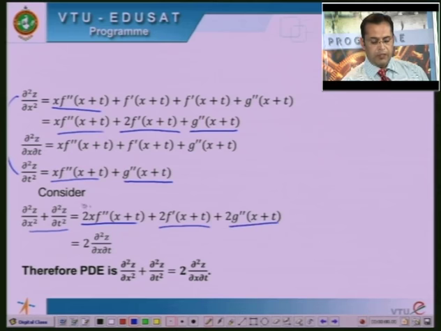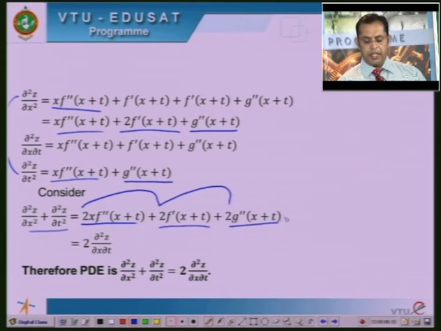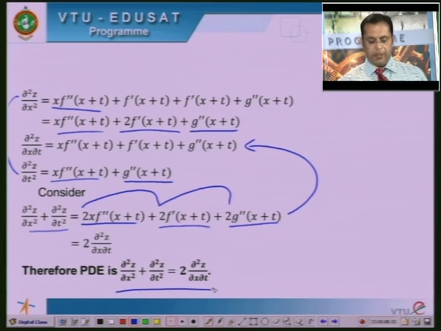Observe that if you take 2 as the common factor, whatever remains is ∂²z/∂x∂t, that is obtained here. So, finally, the PDE is ∂²z/∂x² plus ∂²z/∂t² equal to 2 into ∂²z/∂x∂t.